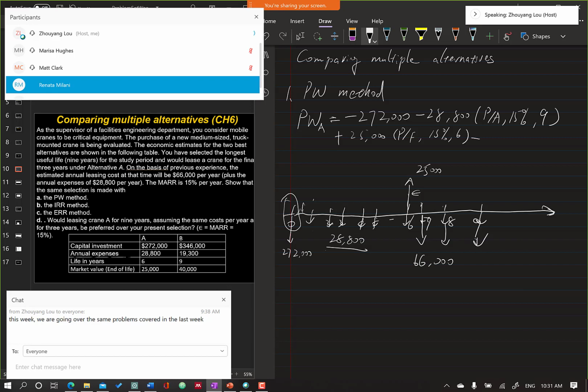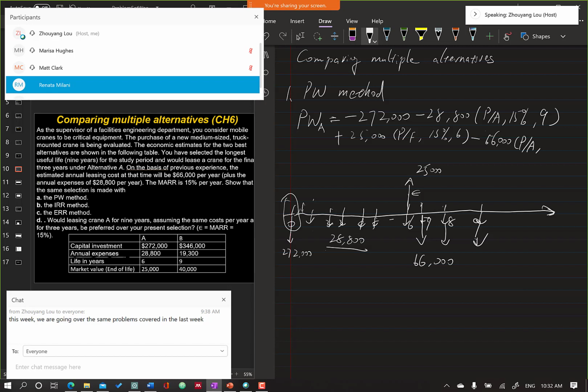And the last part, the annual leasing cost for years 7 to 9, needs a little bit extra work. So first, since that's an annuity, we first calculate the annuity of the 66,000.